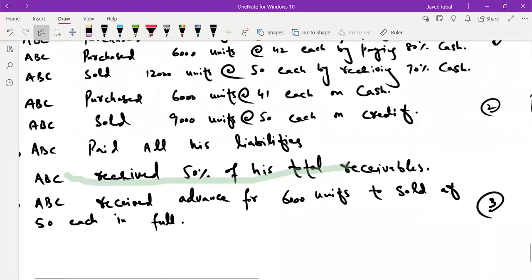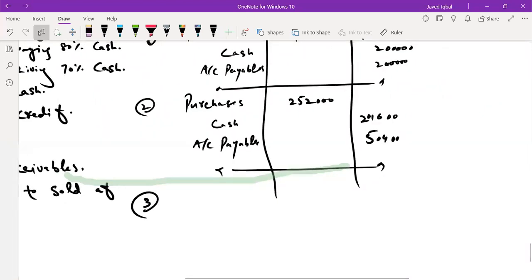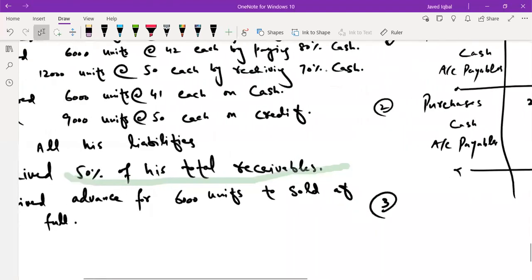Okay, your third transaction is sold 12,000 units at 50 each by receiving 70% cash. So you have sold 12,000 units at 50 each.